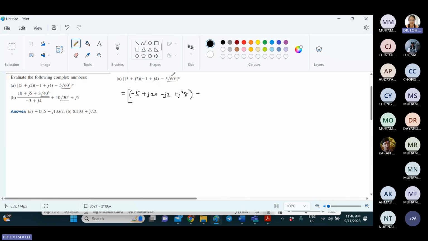So this one, to get the rectangular form, 5 times cos 60, and then plus j 5 times sine 60. Okay, you have to know how to convert from polar back into rectangular and how to change from rectangular into polar, in a very simple way.